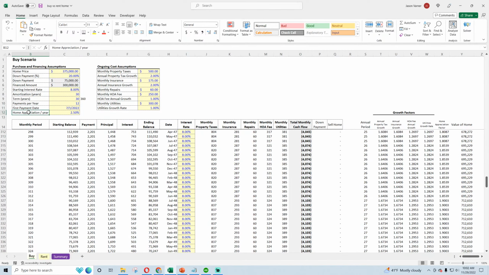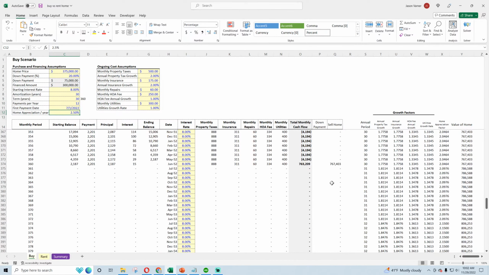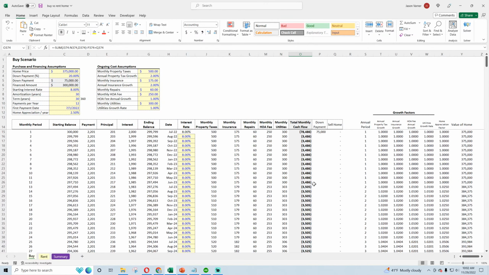Then you've got some home appreciation per year you could put in here. And at the end of the term, we're also assuming that the home value will be realized as cash. And all we're going to do is compare the present value of these streams. We're also going to compare the total end value in cash of this versus renting.